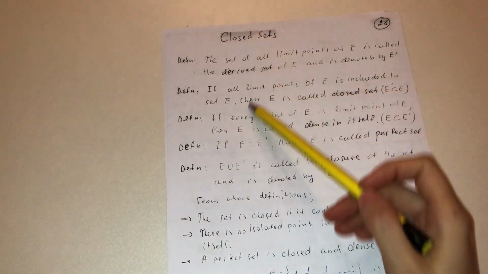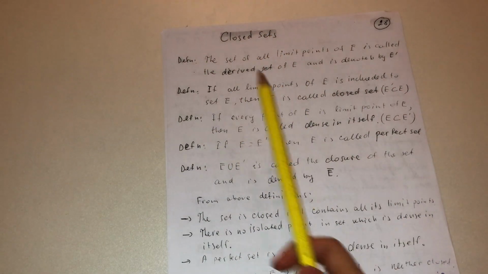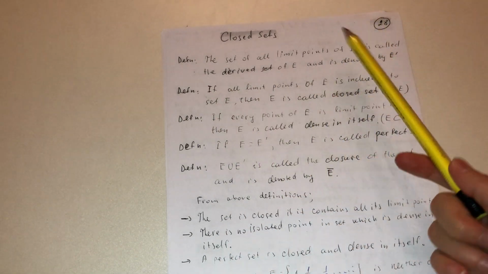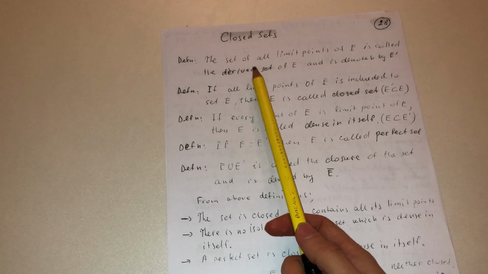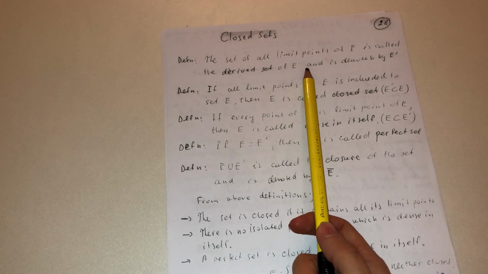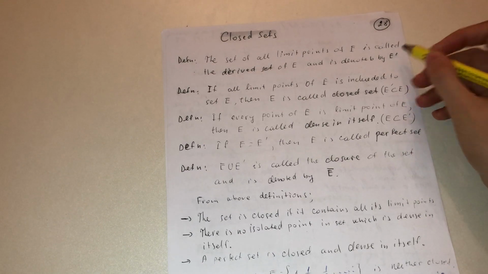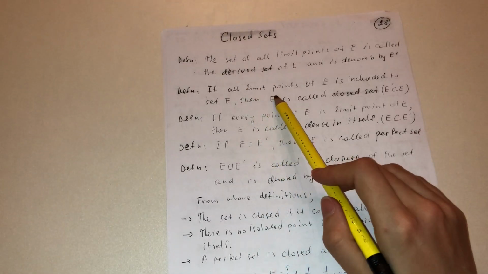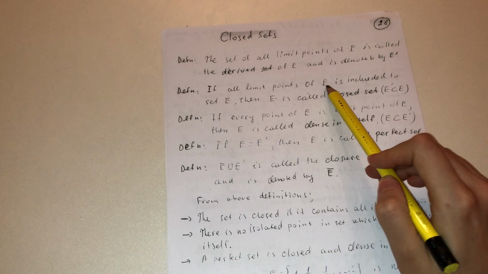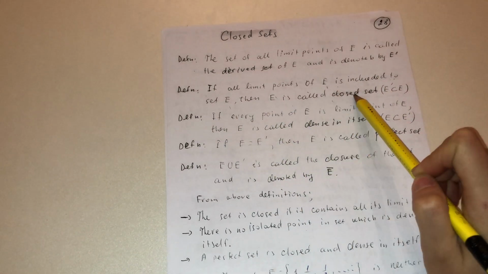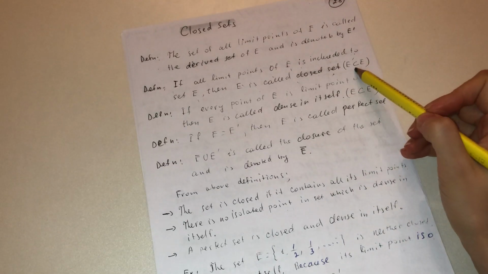So here are some definitions of closed set. The set of all limit points of E is called the derived set of E and denoted by E prime, okay? And if all limit points of E are included in set E, then E is called a closed set, okay?